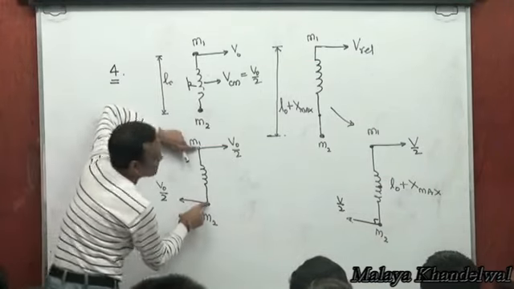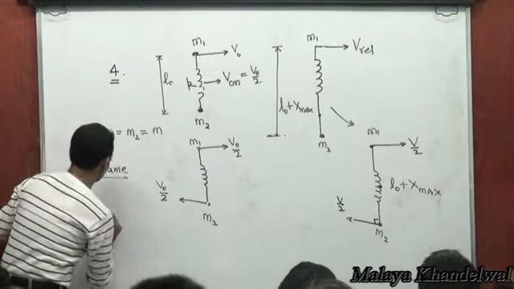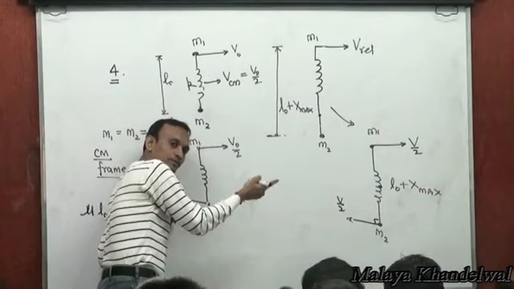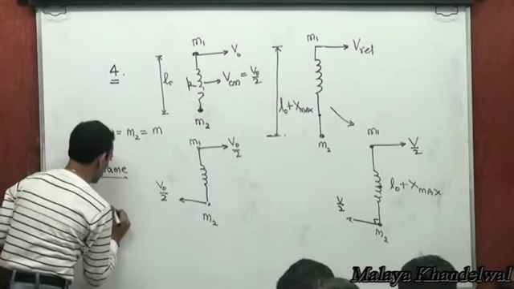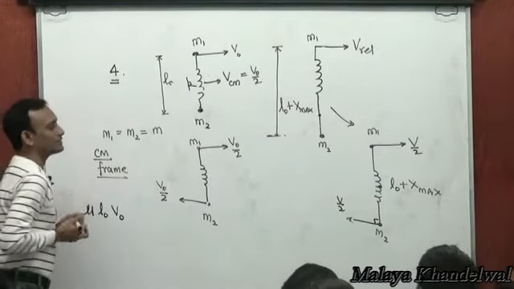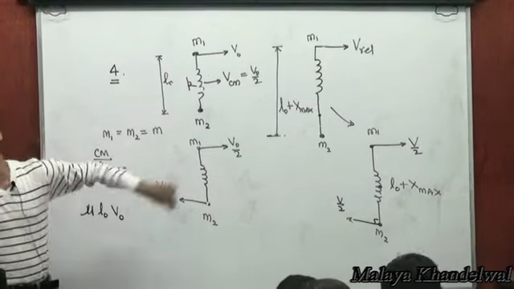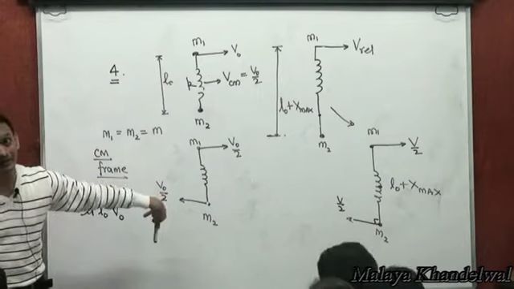So r12 is simply this length, L naught, and v12 is v naught. That's the angular momentum about the center of mass in the center of mass frame initially. Are you there with me?